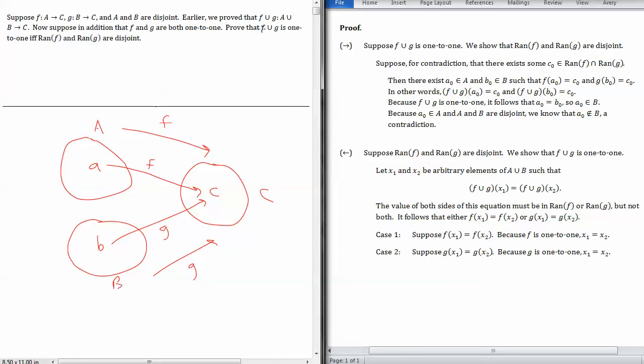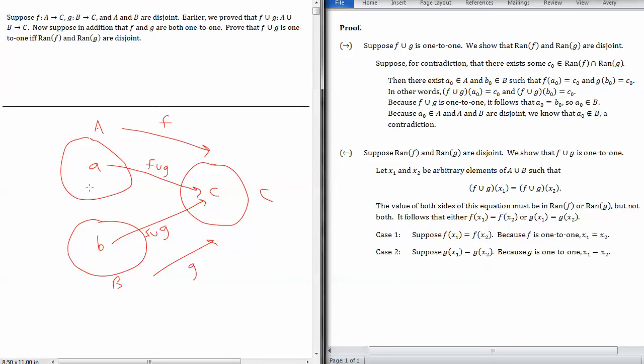And we know that f union g is one-to-one, and look, if this ordered pair (a, c) is in f, it's also in f union g, right? And if this ordered pair (b, c) is in g, then it's also in f union g. And so remember, f union g we know is a function. We have two different inputs in the set A union B, which have the same image under this function.